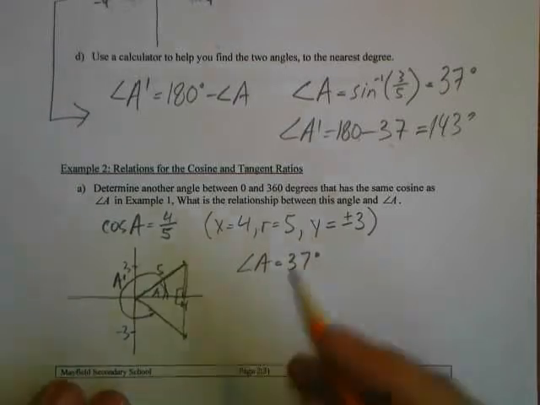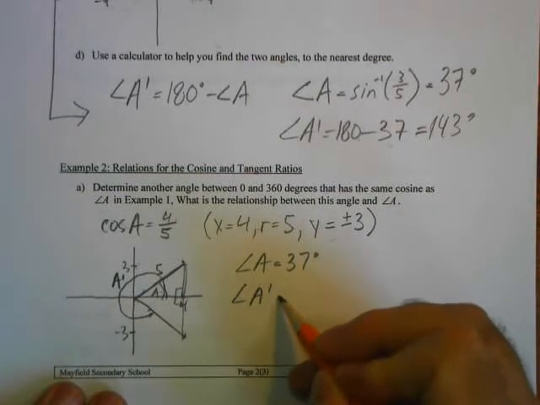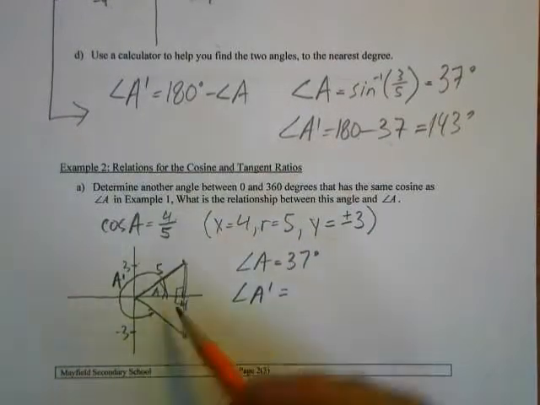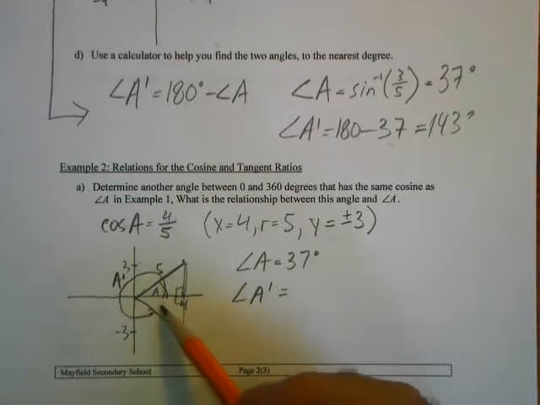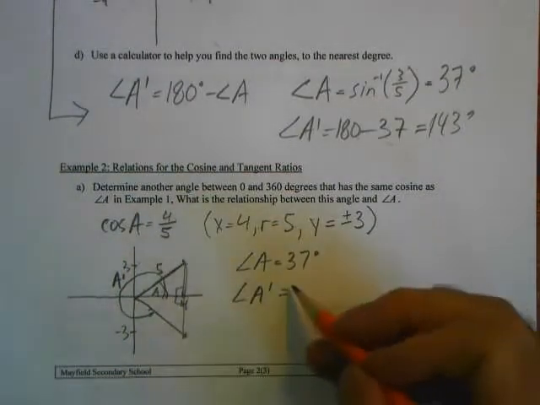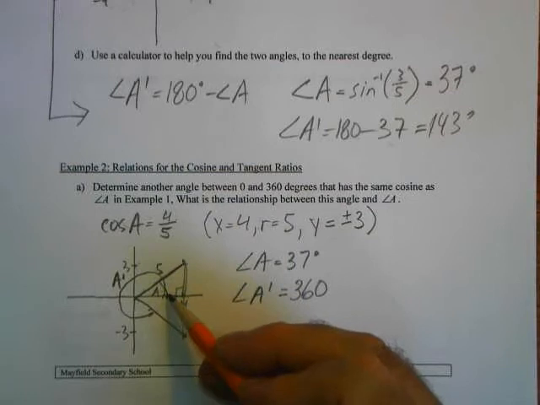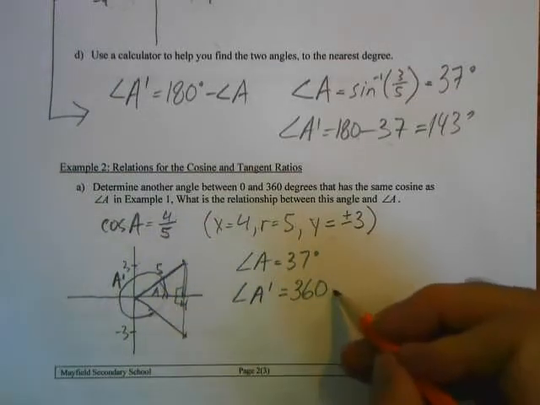Now how do we get angle A prime? Well, let's look at the relationship. If I added these two together, I would get 360, right? So if I want a little formula for how to get A prime, it's going to be 360, start at 360 and subtract whatever angle A was.